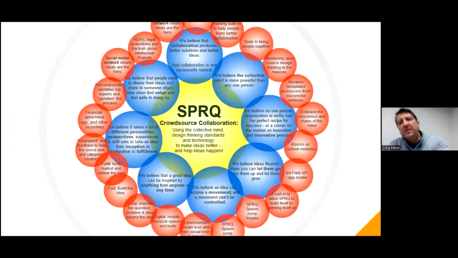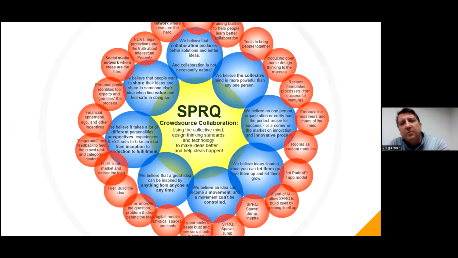And this is kind of what I mean. The belief statements here are what we have in blue. And this was for a crowdsourced collaboration tool that we were building. We came to our one thing in this example, which was using the collective mind to design thinking standards and technology. But the bigger one thing was to make ideas better and help ideas happen. That was derived from the blue circles, which are our belief statements.